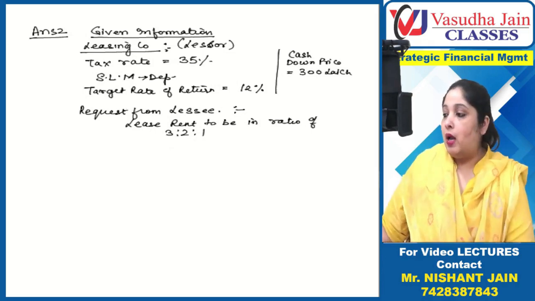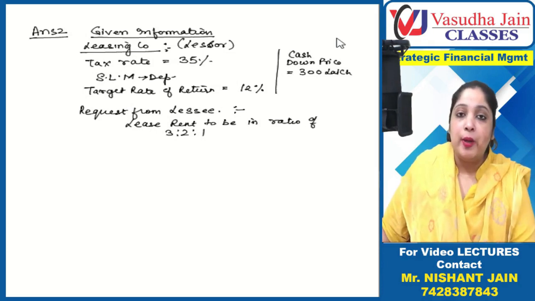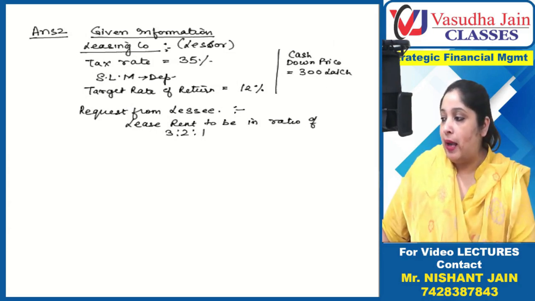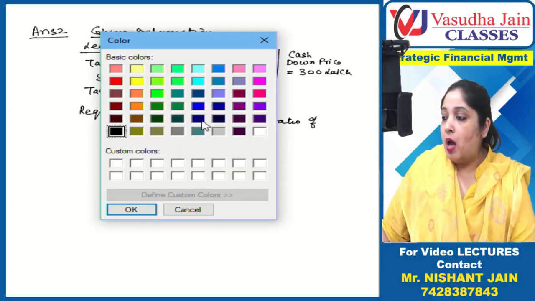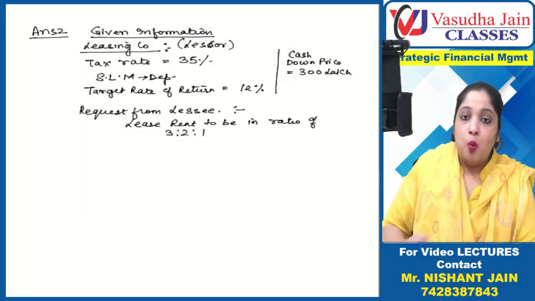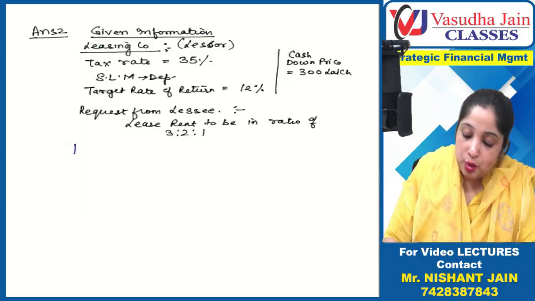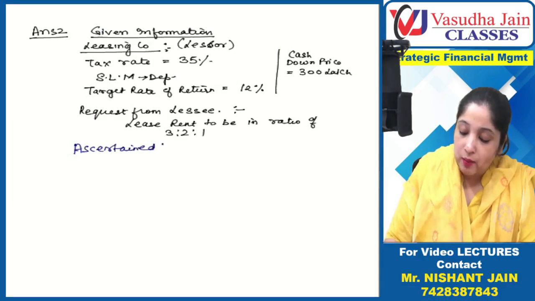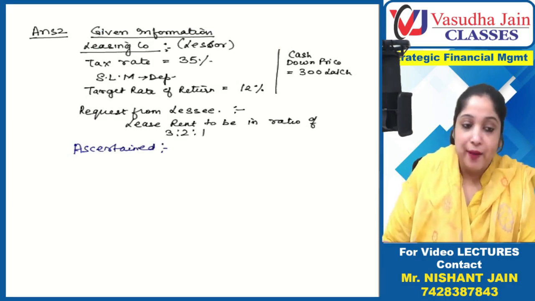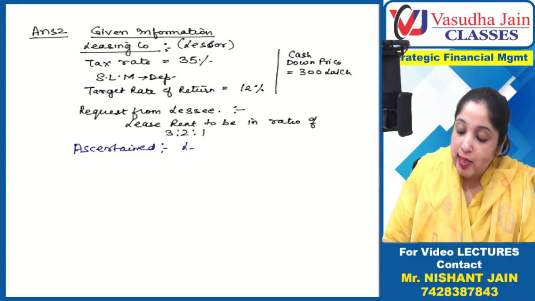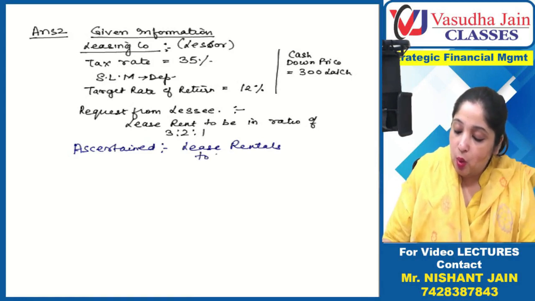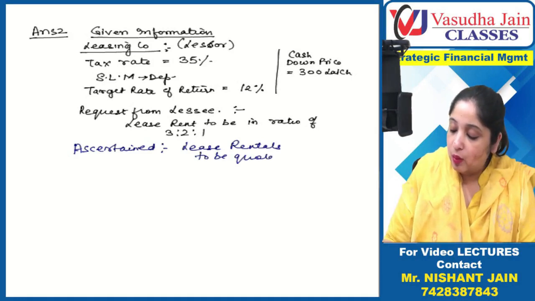So basically the machine, the equipment or the asset price is 300 lakh. Now our focus should be: what is to be ascertained? We have to ascertain the lease rentals to be quoted to the lessee.